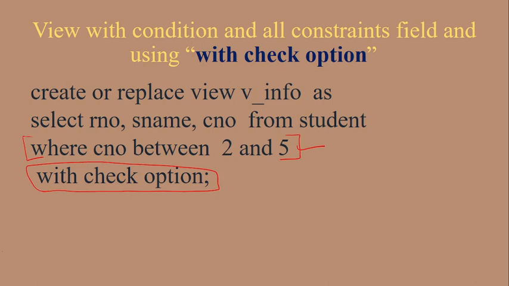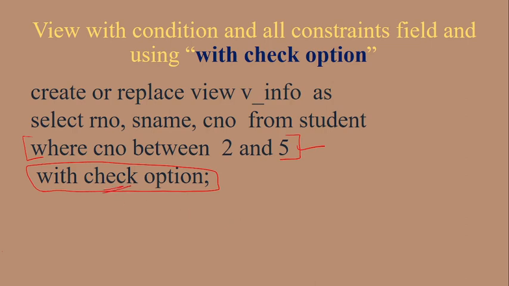While creating a view, if we have given a where clause, then that where clause will be checked only while displaying the records. While adding a record or updating a record through the view, that condition will not be checked. And if you want to force that check, in that case we have to use the with check option.